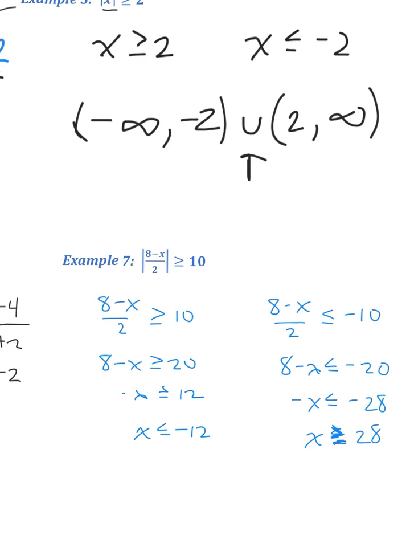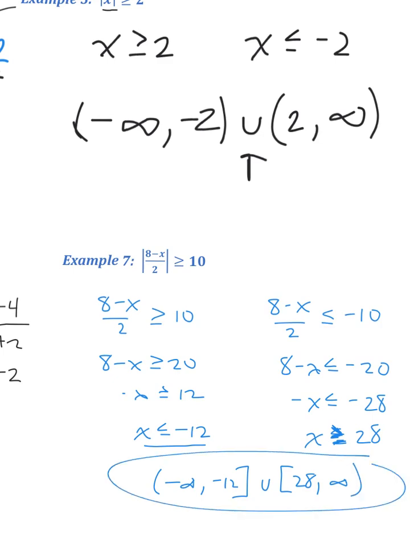All right, and the reason I realize that right now is because they have to be going away from each other. So therefore, I know that I want less than negative 12, which means it's going to go from negative infinity up to negative 12, bracket, union, bracket, 28 up to infinity. All right, and there would be my interval notation.